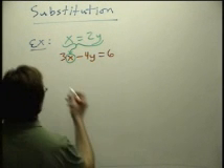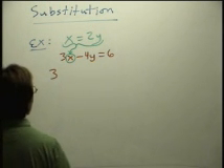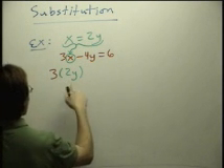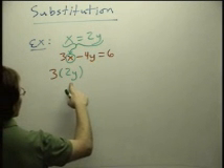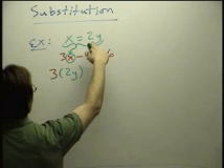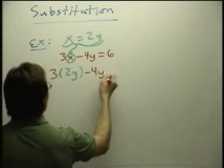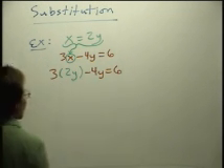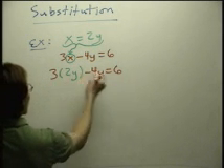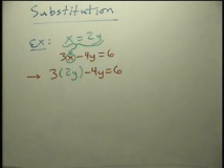So our second equation will become 3 times x, but now for x we are substituting 2y in its place, because x is equal to 2y. The rest of the equation will remain unchanged. So now we have this one equation with one variable, and we can solve it.